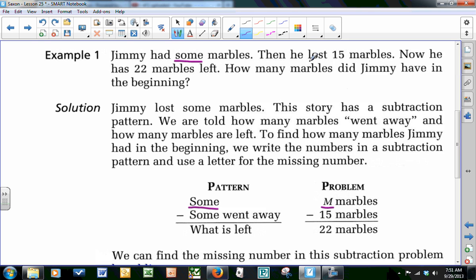And then he lost 15. There's that word lost again. That stands for subtraction. He lost 15 marbles, so it's M minus 15. And now he has 22 marbles left. Okay, so that means that's the number he has left.